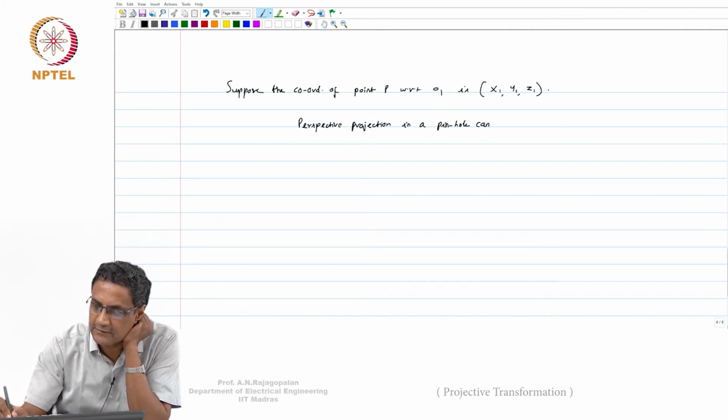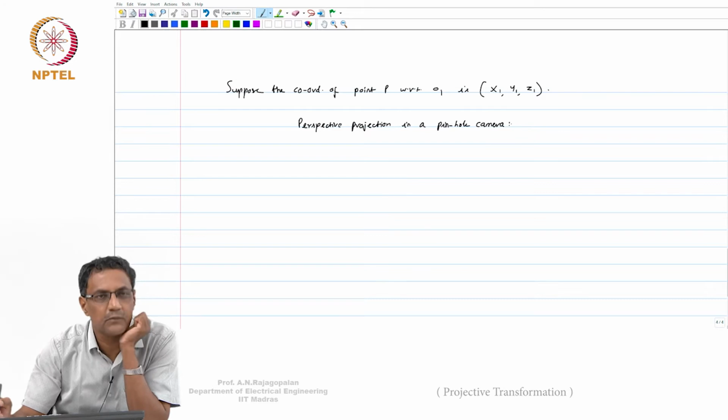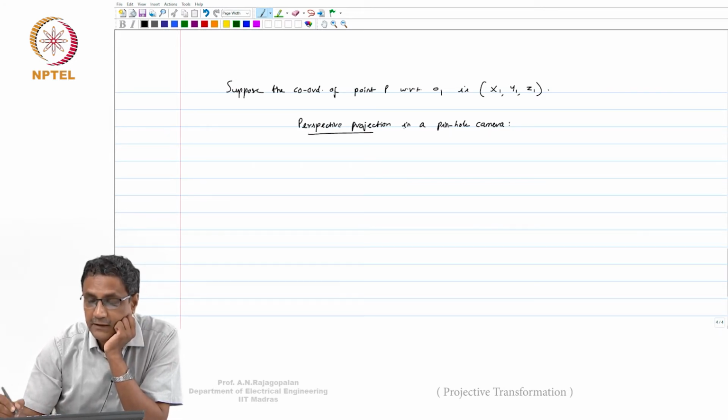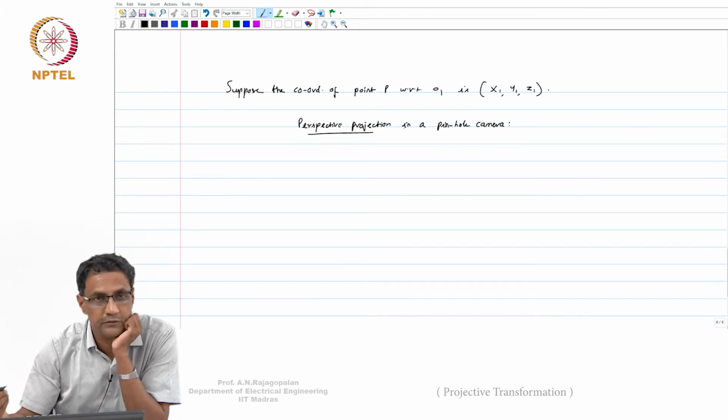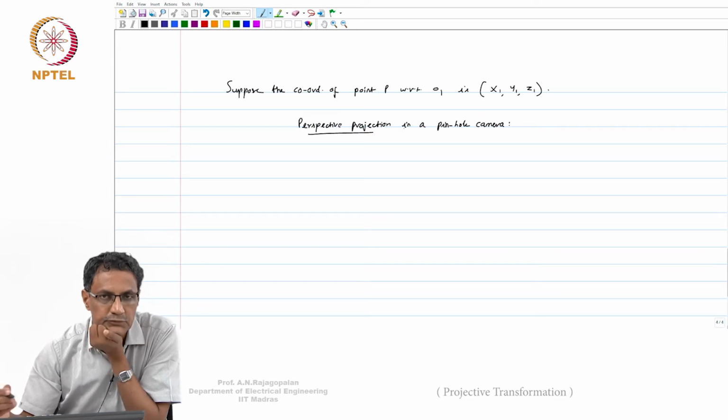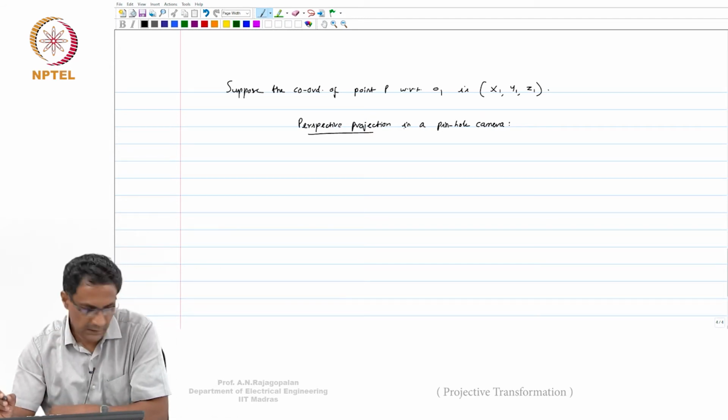You must have heard of this, but we'll see what its relevance is here. Incidentally, this model also holds even if you have a lens, which we'll see later. So it's an important thing.